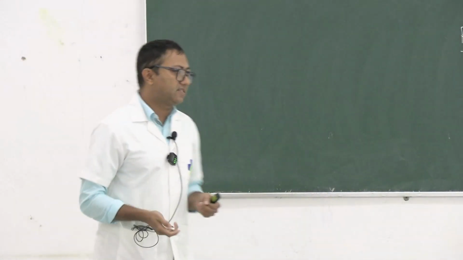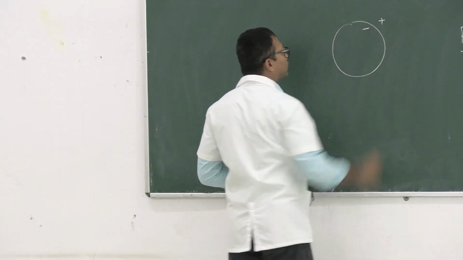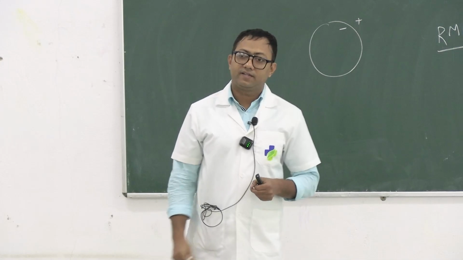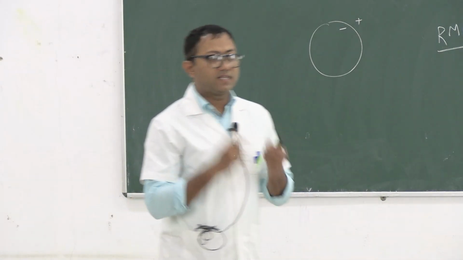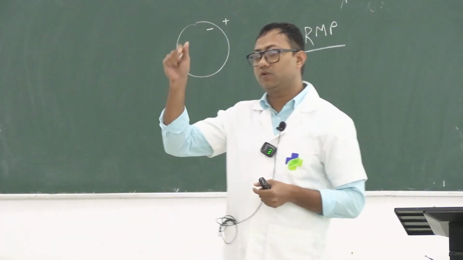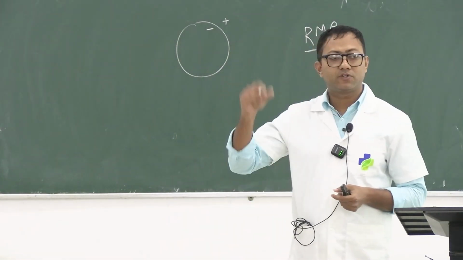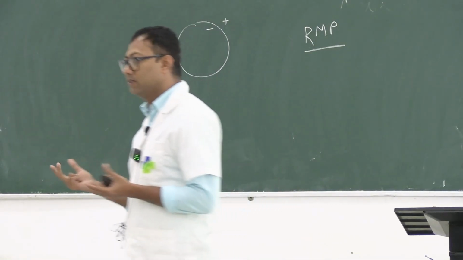So if you take a cell, inside is negative and outside is positive, right? If you take the cell membrane and insert a microelectrode into the cell, one microelectrode inside the cell, another microelectrode outside the cell, and you measure, you will get a potential difference, right?